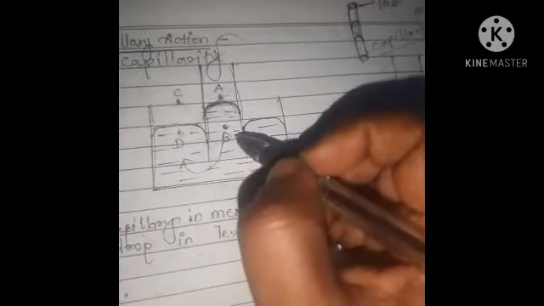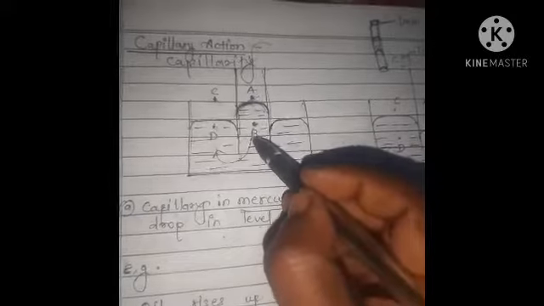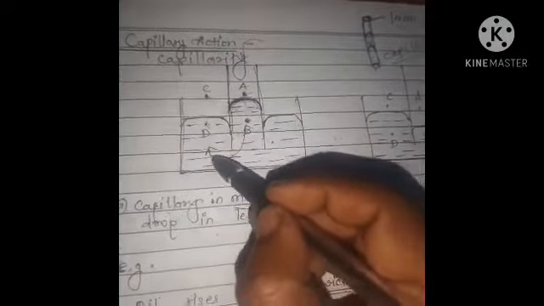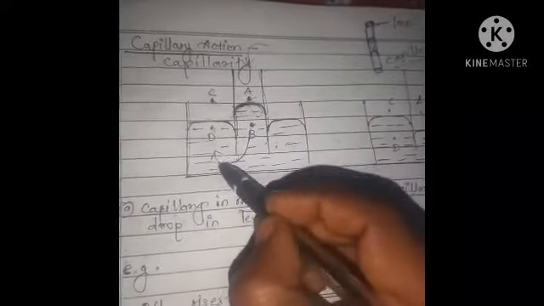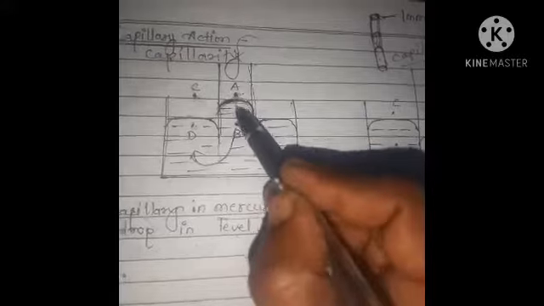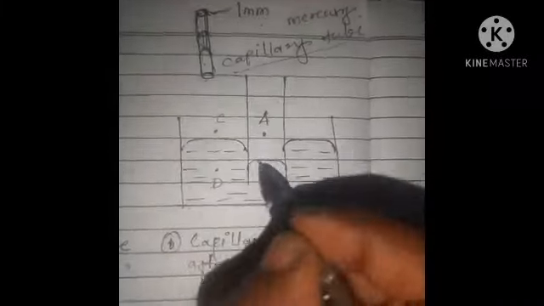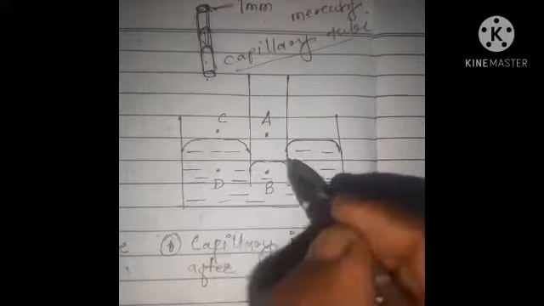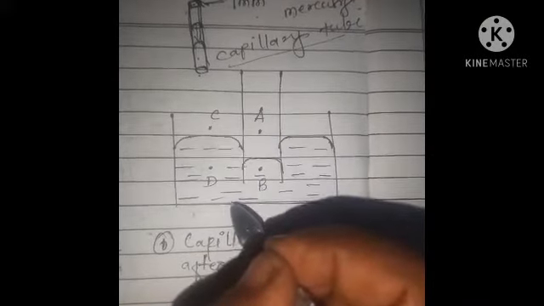Thus, if we dip a capillary tube inside mercury, the molecules of mercury get away from the capillary and thus the liquid drops down like this.